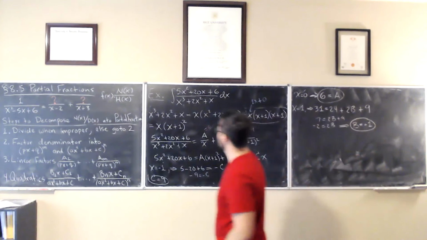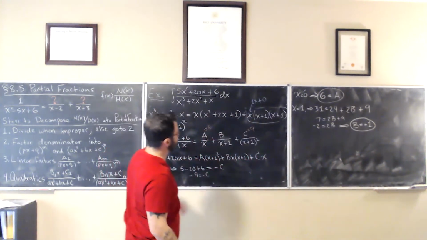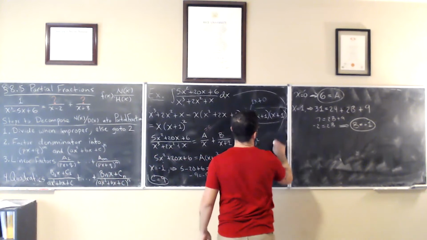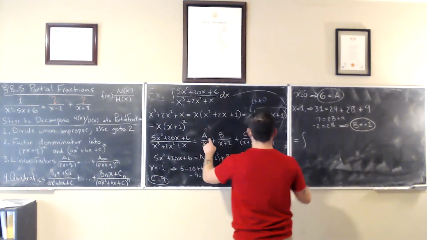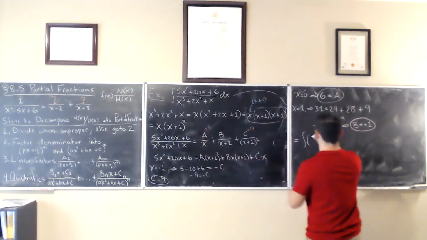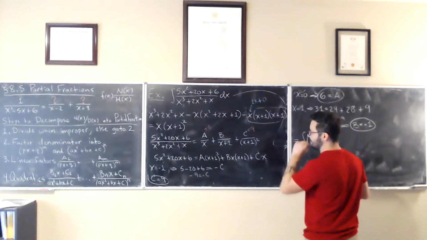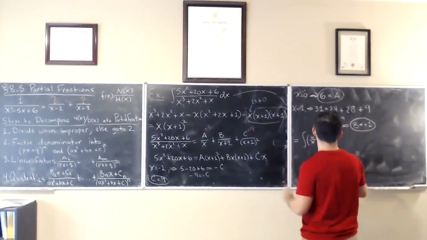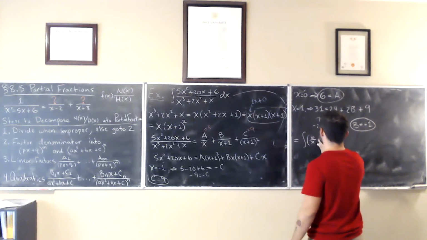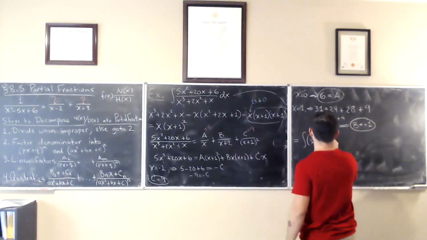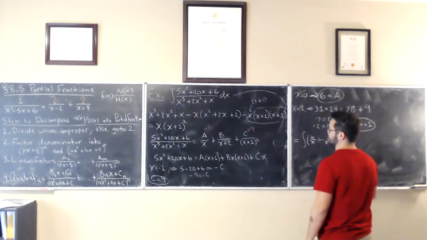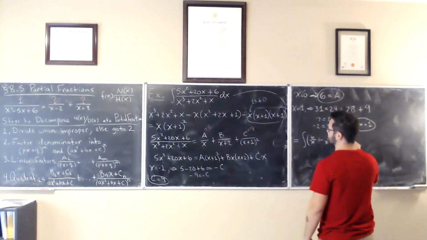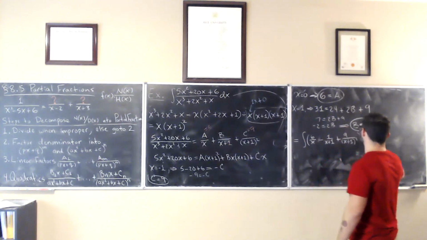Okay. So now this integral over here is equal to 6 over x minus the b, 1 over x plus 1 plus 9 over x plus 1 all squared dx.